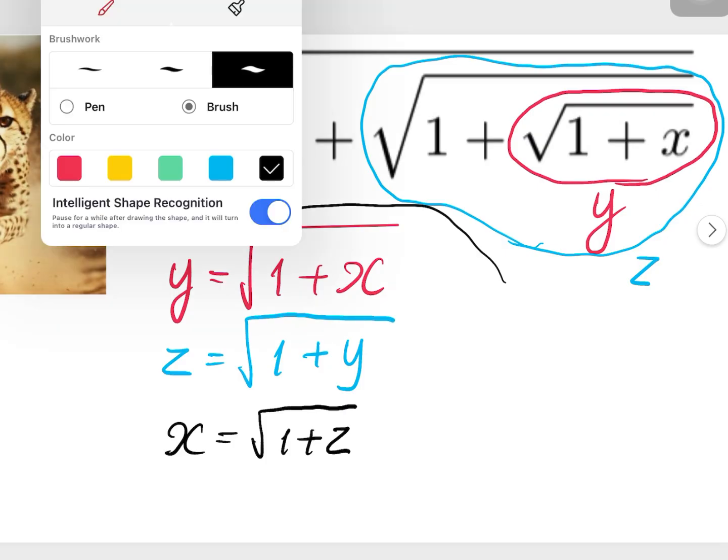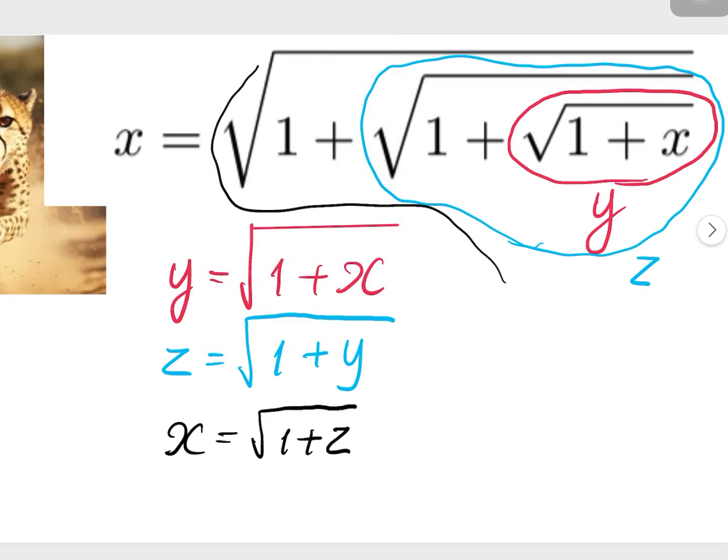So I can propose this idea, and then what happens? I replace y with x, z with x. And in all cases, I have the block x equals square root of 1 plus x.